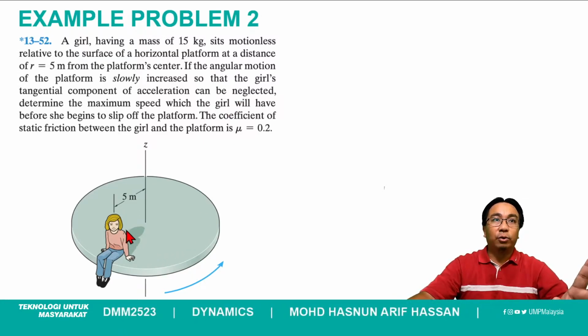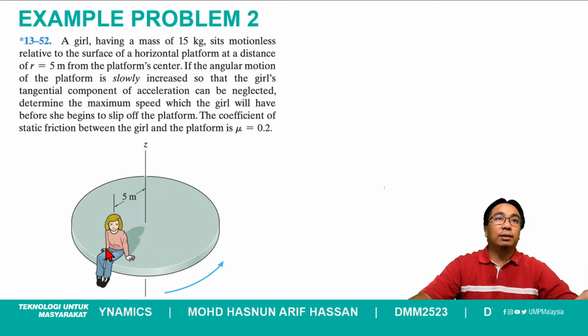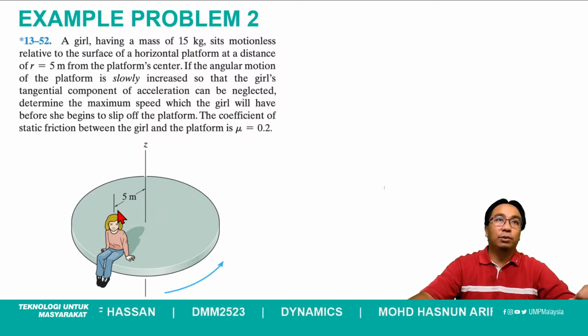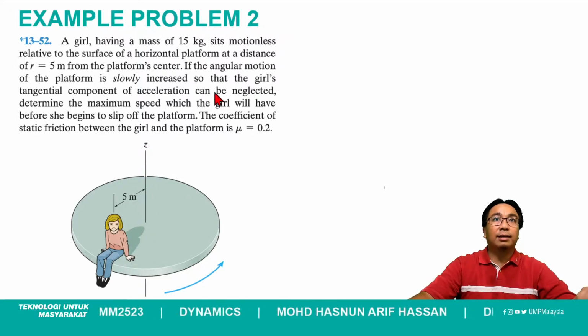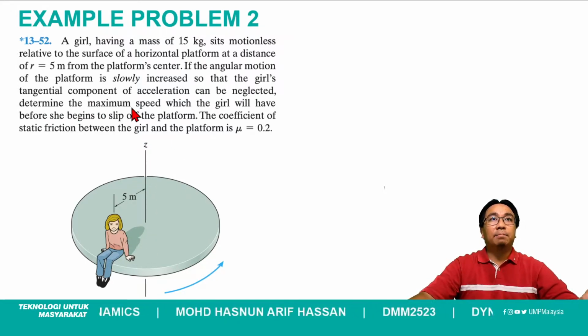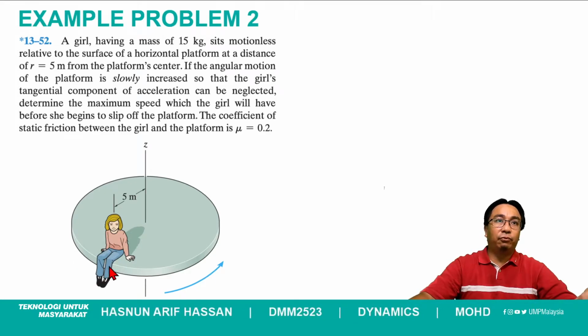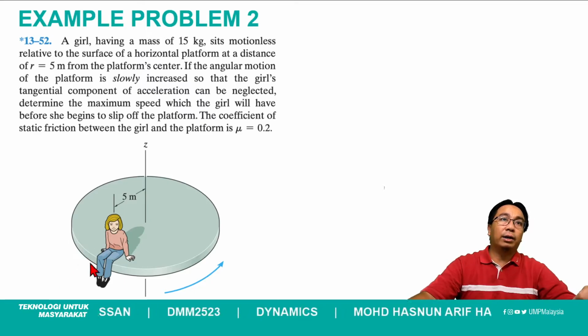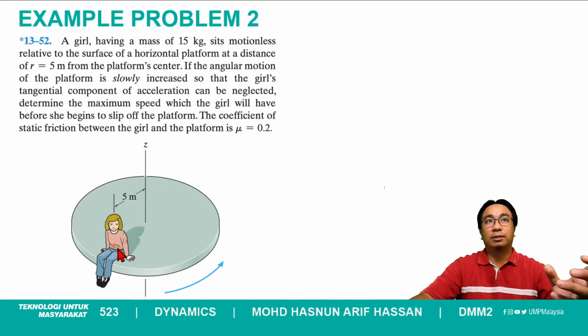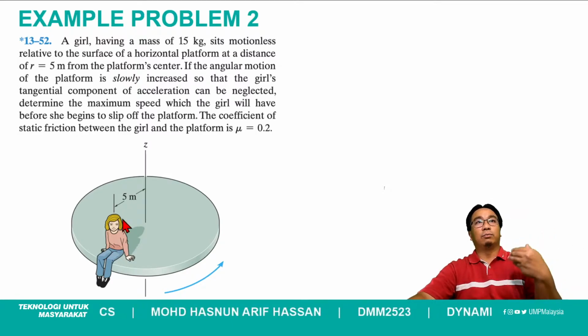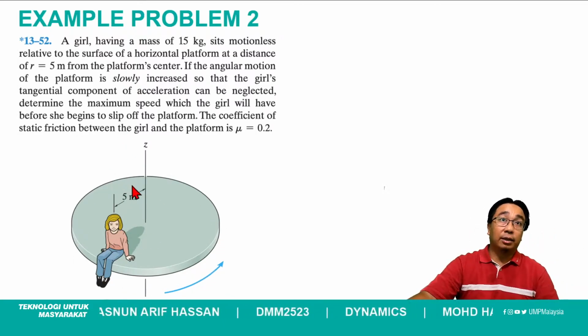So therefore the only acceleration component on this girl is the normal component AN, which is pointing towards the center. Okay, determine the maximum speed which the girl has before she begins to slip off the platform. It means the maximum velocity of the girl before she will come off the platform, because if the velocity is too high, the girl will slip off the circular platform.